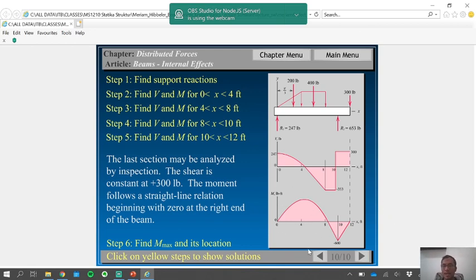Now I should remind you again that whenever we have concentrated force like this, there will be a jump in our V. And we have another concentrated force like this, there will be a jump there as well. And the jump there supposed to be exactly the same value as our concentrated force.